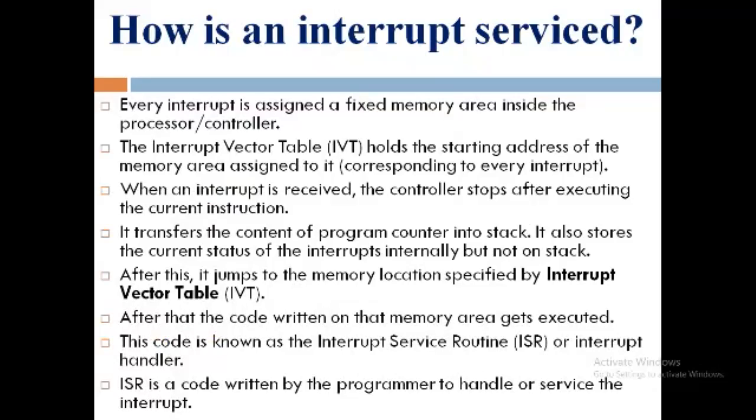When an interrupt is received, the controller stops after executing the current instruction. It pushes the content of the program counter onto the stack. It also stores the current status of the interrupts internally but not on the stack. After this, it jumps to the memory location specified by the interrupt vector table, that is IVT.